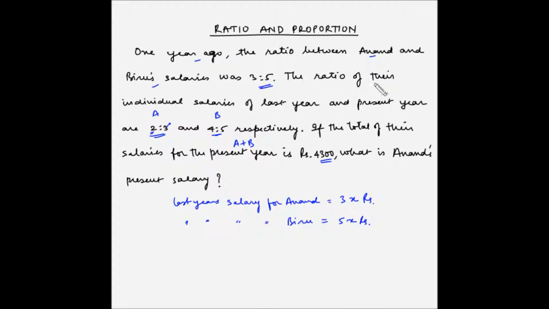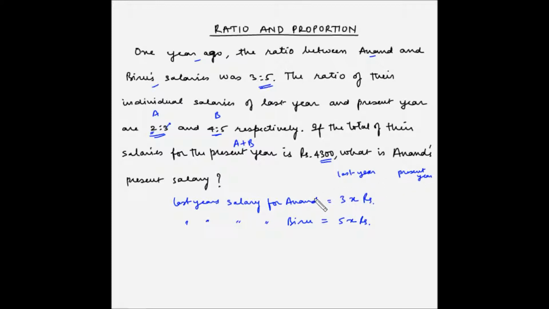Now the ratio of their individual salaries of last year and present year are 2:3. So if you take, this is for last year and this is, let's say, present year.